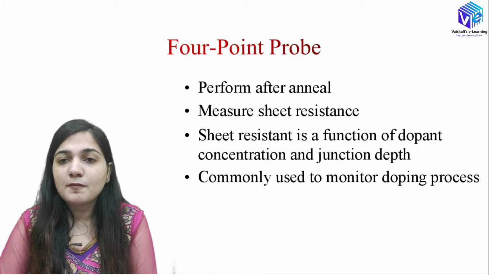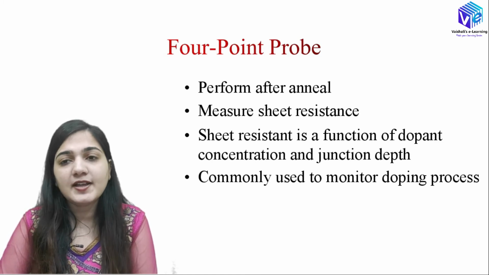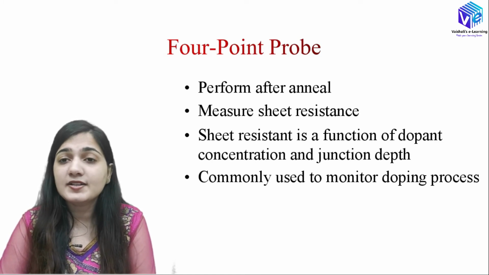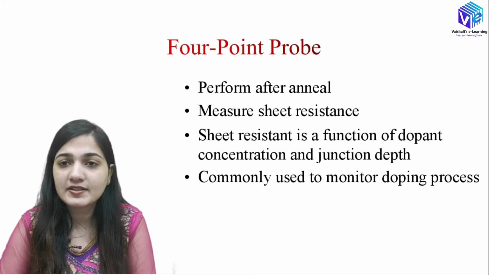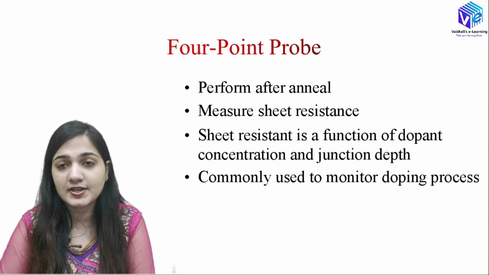This 4-point probe method is performed after the annealing process. It requires a smooth, single crystal surface, so it is performed after annealing. It measures the sheet resistance, which is a function of the dopant concentration and the junction depth.